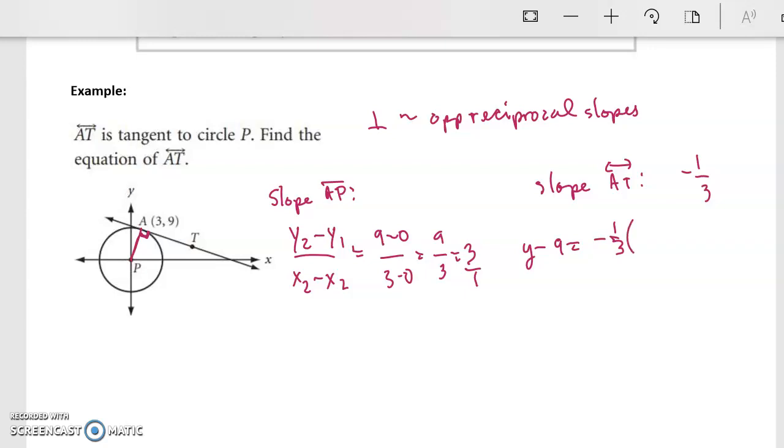So it's y minus y1 equals m times x minus x1, which is 3. So this would be negative 1/3 x, and then plus negative 1/3 times negative 3 is positive 1, and then I'm going to add 9 to both sides. So y equals negative 1/3 x plus 10. And that's the equation of my line.